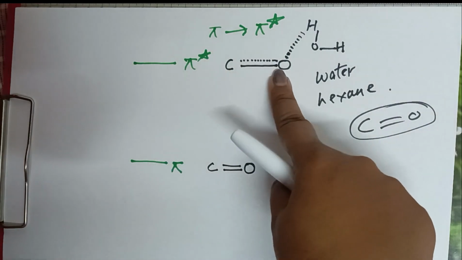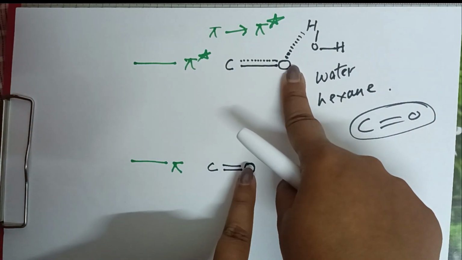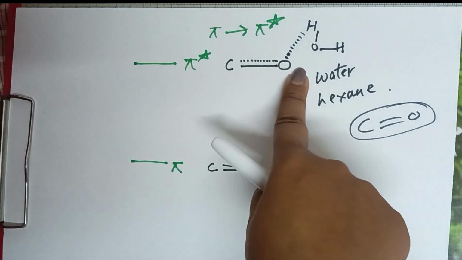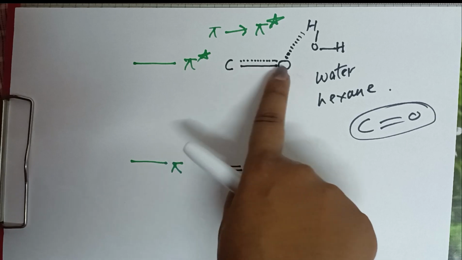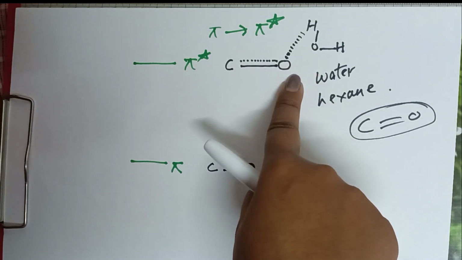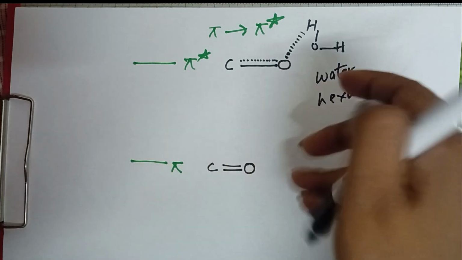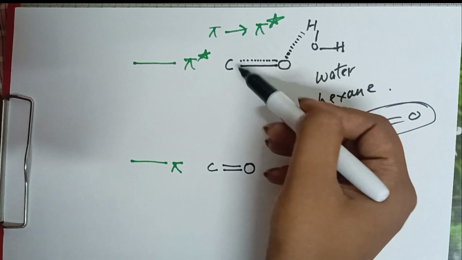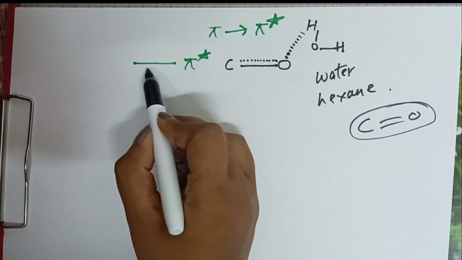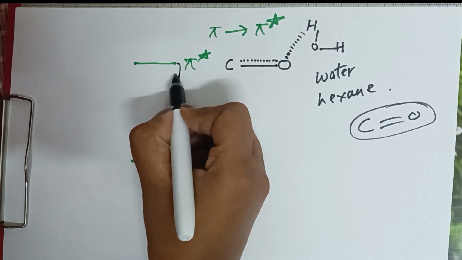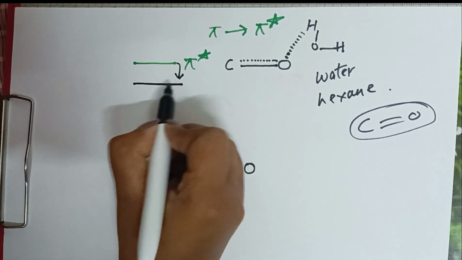Now here the bond is more polar as compared to this one, right? This is a more polar bond. So hydrogen bonding is more in case of the excited state, which leads to the stabilization of the excited state. Because of these interactions this excited state is stabilized, so the energy of this pi star decreases a bit.